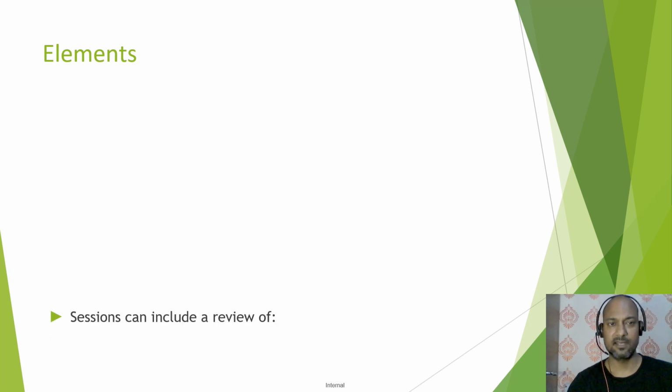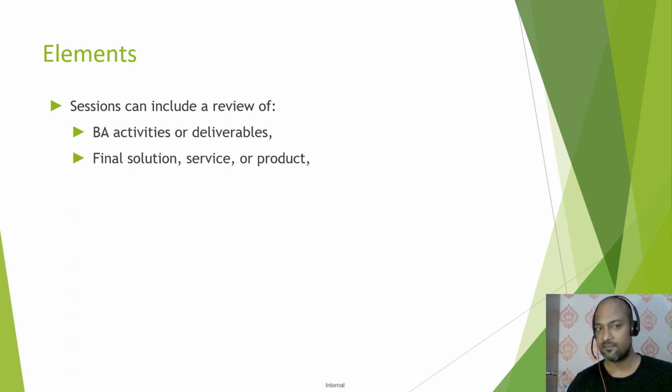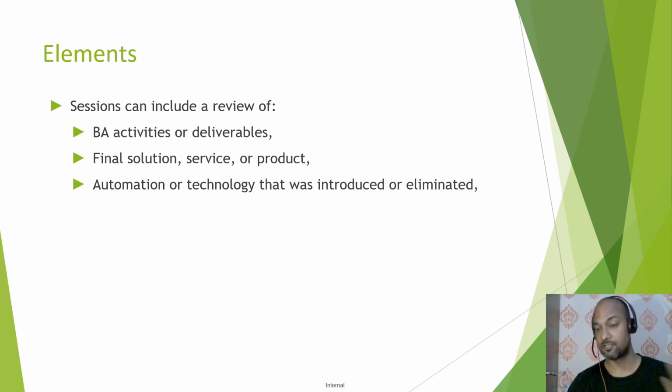So, what are the elements? The first one: the session can include a review of the BA activities or deliverables, final solution, service, or product. So when we do this retrospection, what kind of things are included? It could be BA activities or deliverables. We are reviewing the final solution, service, or products. We are reviewing the automation or technology that was introduced or eliminated.